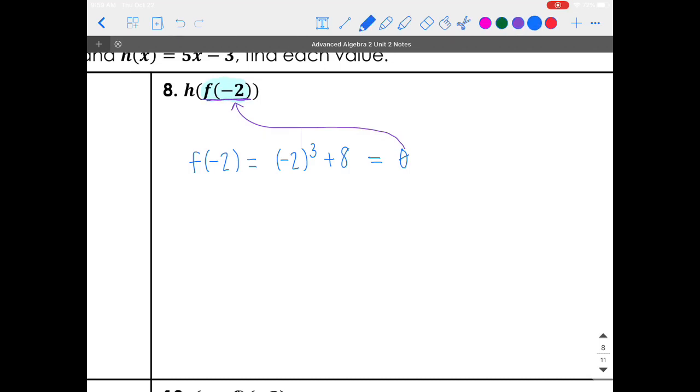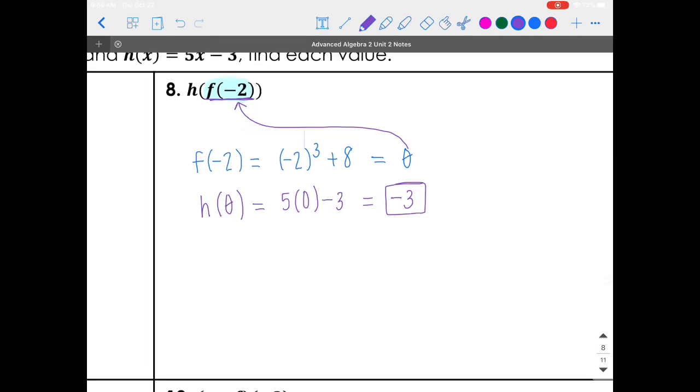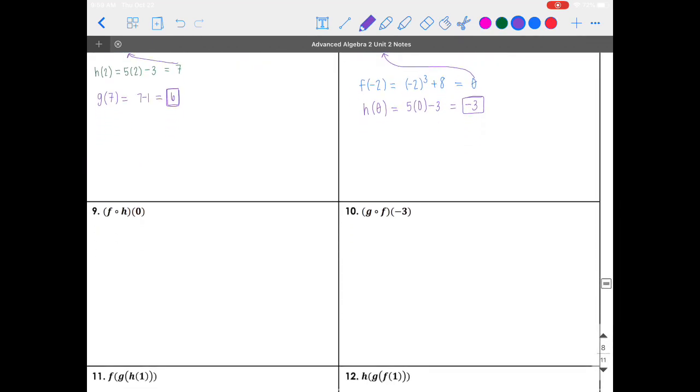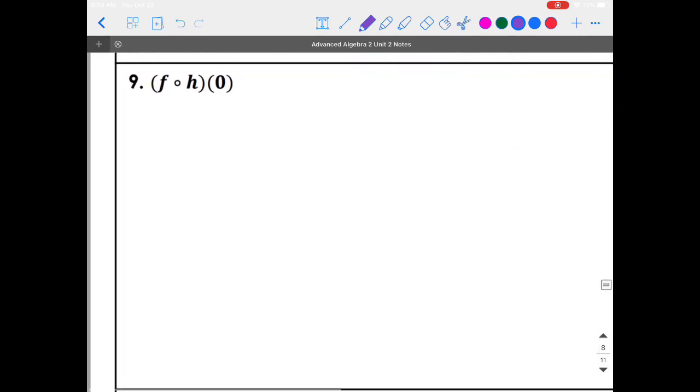So I'm going to replace that f of negative 2 with 0. And then I'm going to find h of 0. 5 times 0 minus 3 is negative 3. So we do insides first, and then you keep taking that answer and plugging it into the next one.